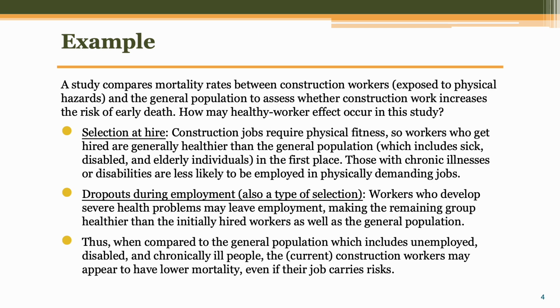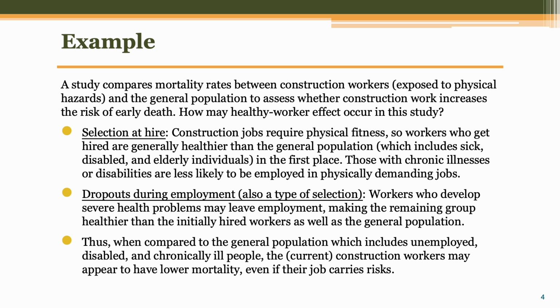Here is an example. A study compares mortality rates between construction workers who are exposed to physical hazards and the general population to assess whether construction work increases the risk of early death. In this study, healthy worker effect may result from the selection during employment.